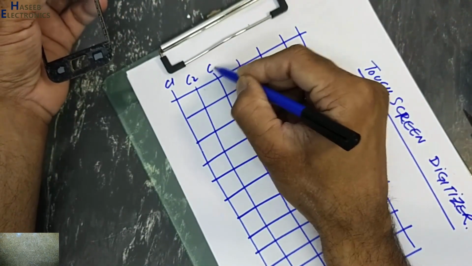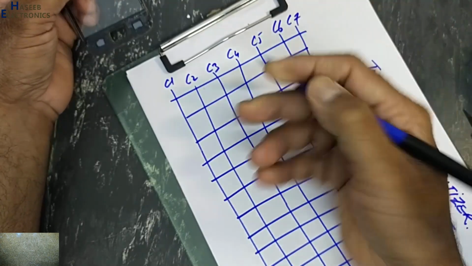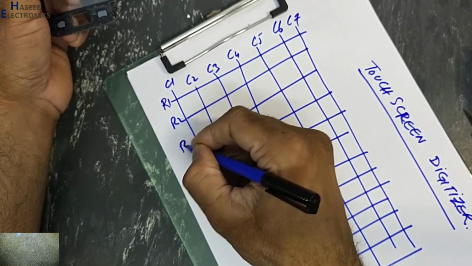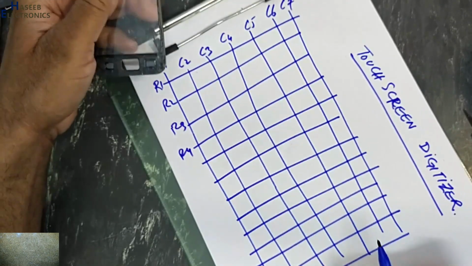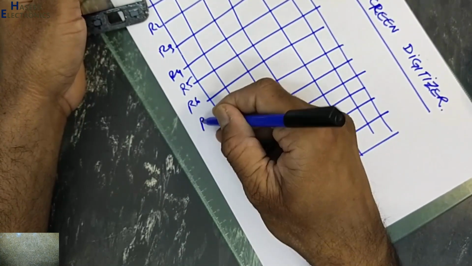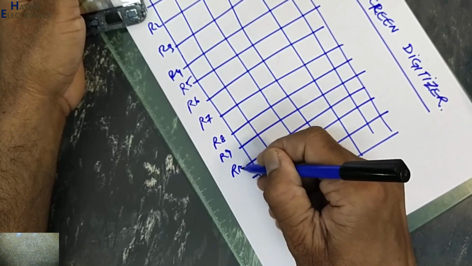C1, C2, C3, C4, C5, C6, C7, R1, R2, R3, R4, R5, R6, R7, R8, R9, R10, like that.